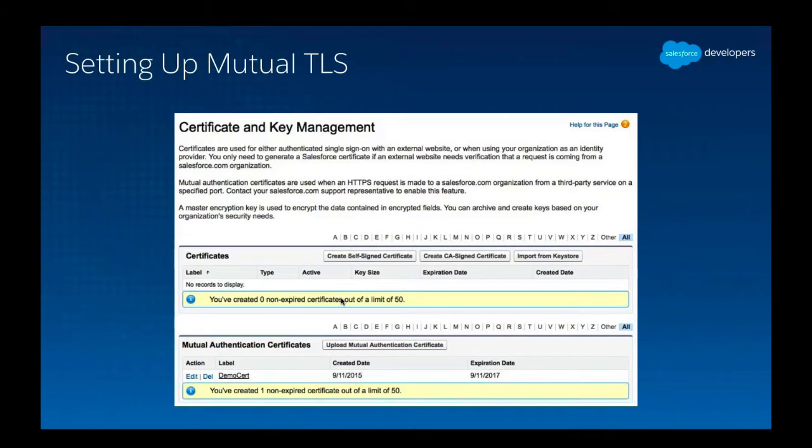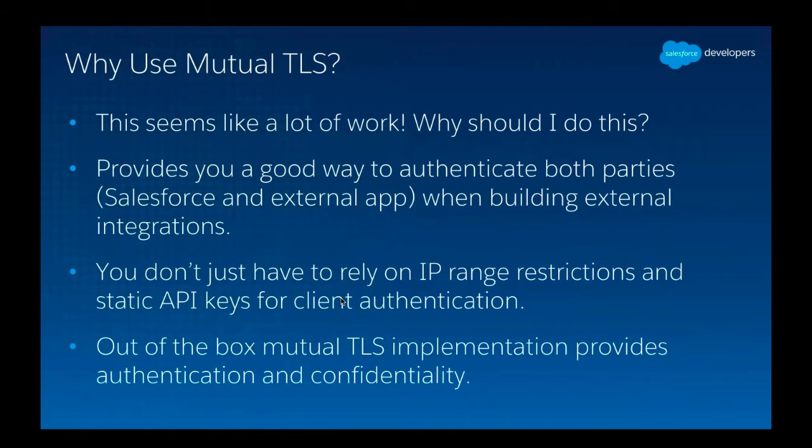As you can see, I took a screenshot of it too. You can create self-signed certificates up top, a certificate for Salesforce. You can import the Salesforce certificate from this window, and you can upload your external application services and set up Mutual TLS for communication.